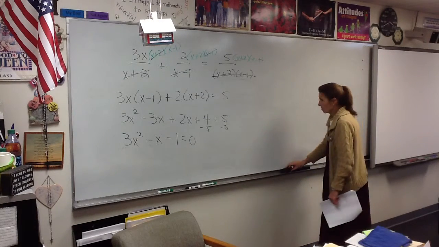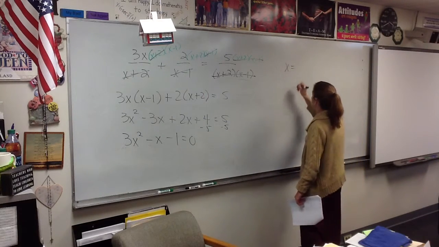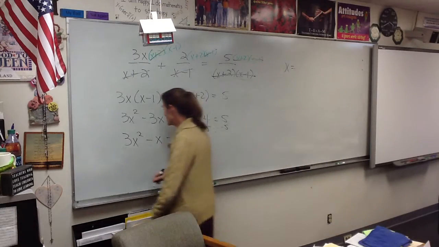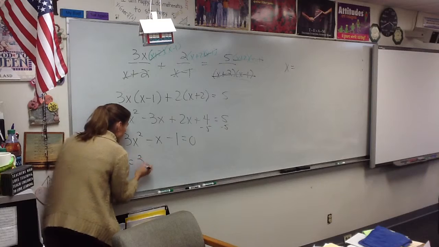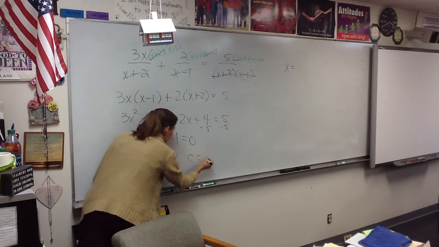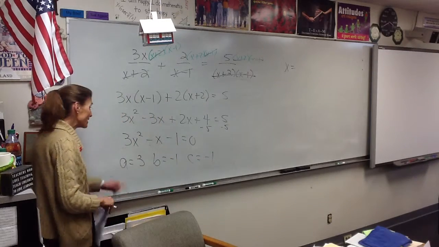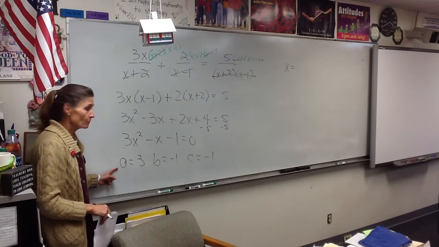So here we go. X equals. Some of you need to write down, and it's perfectly okay, A is 3, B is -1, C is -1. Write that down if it helps you.